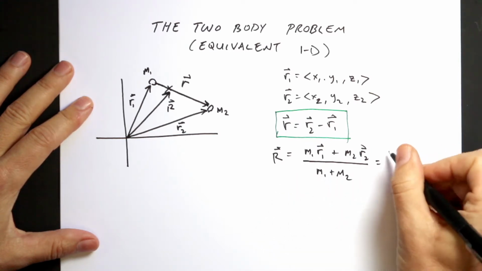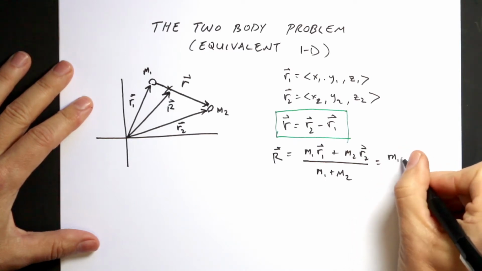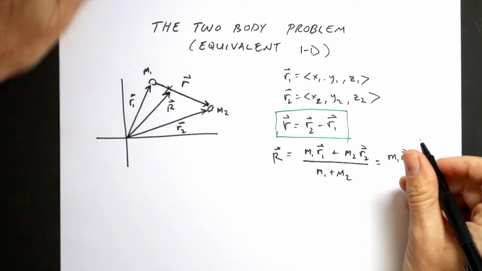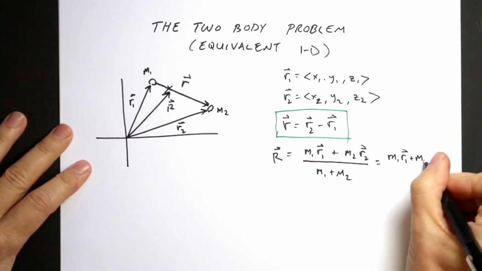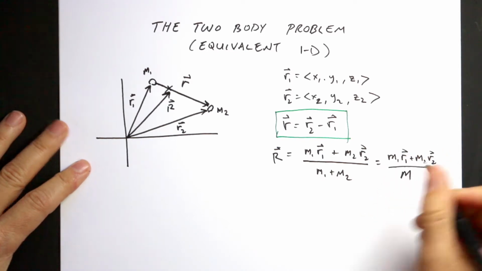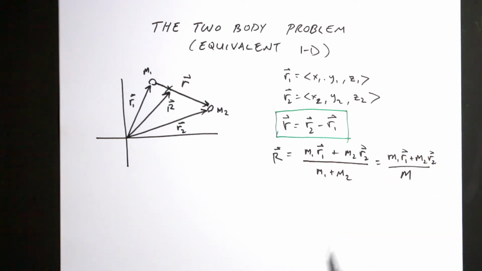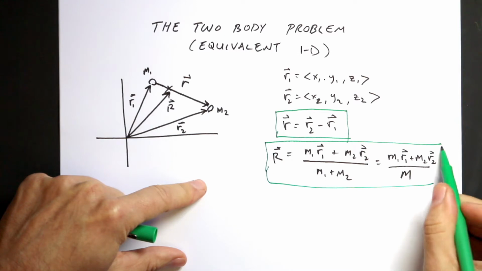And we can say that's equal to m1 r1 plus m2 r2 all over capital M, where capital M is the total mass, and that's an important equation. I'm not going to highlight all the important equations, but these are the things that we're going to start with.